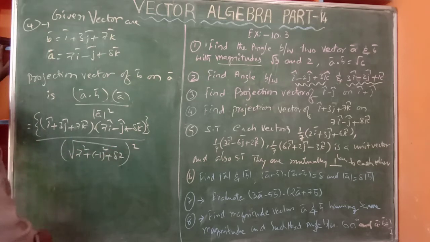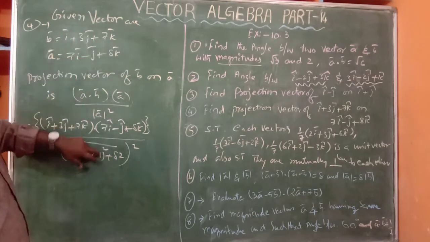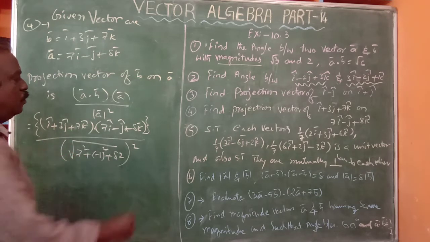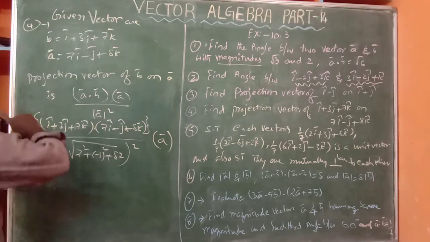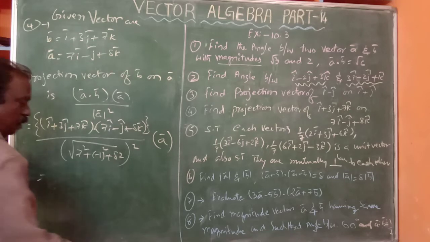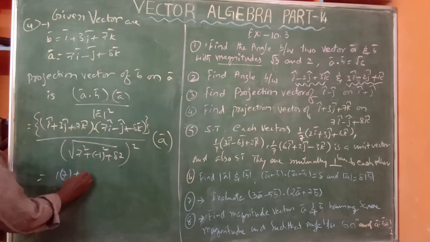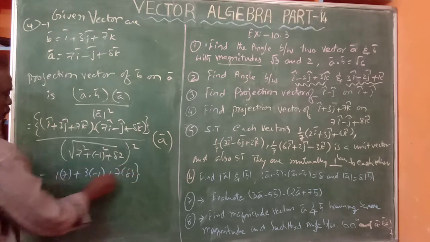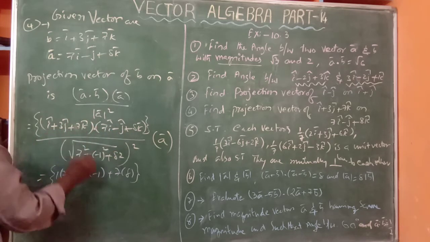Here is the dot product between the two vectors: 1 into 7, 3 into minus 1, 7 into 8.